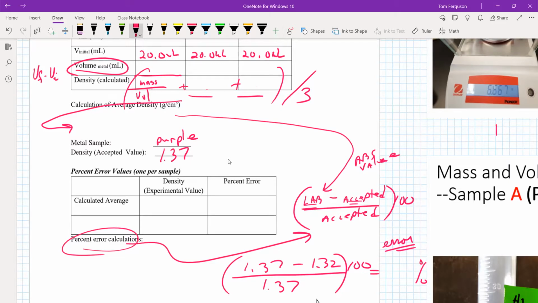It would be 3.65%. But your value is going to be something other than 1.32. I just came up with that value as an example. So do not put down 3.65, because your value is going to be different based on your calculations. Does that make sense? You're going to be doing 6 of these, and then an average and a percent error for all 6.